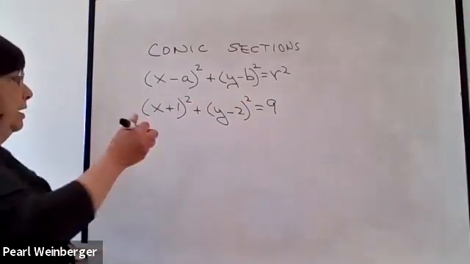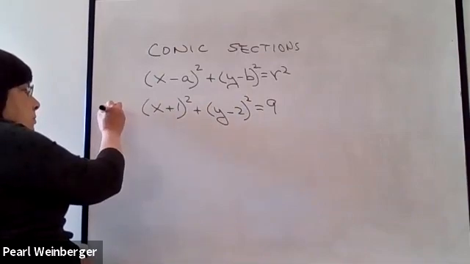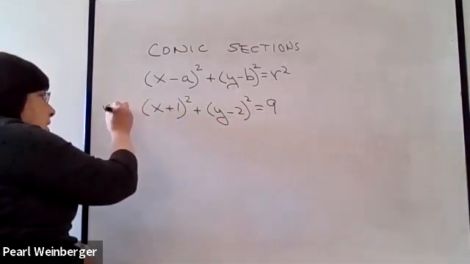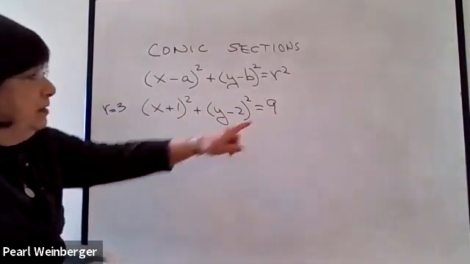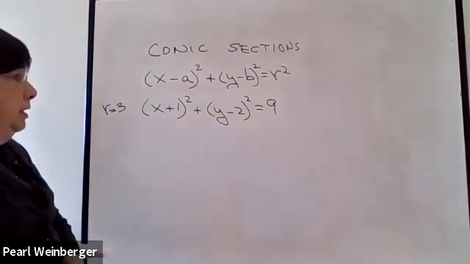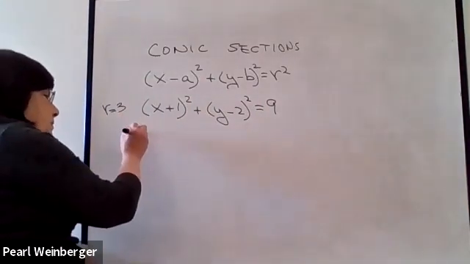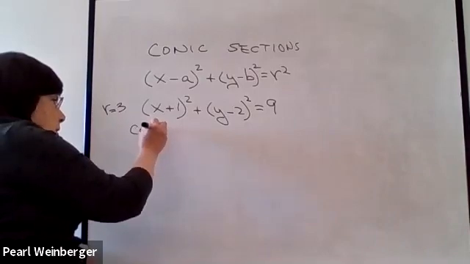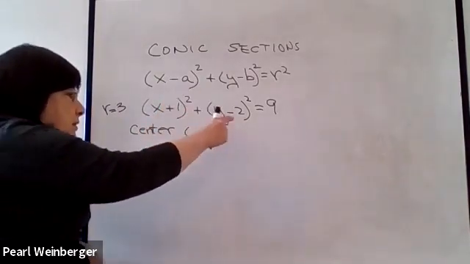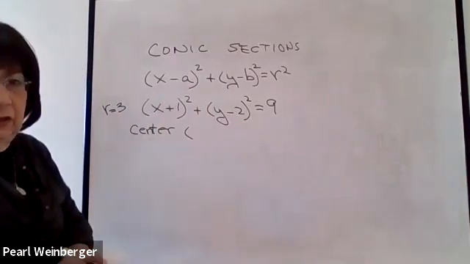And on top of that, I know that the radius of the circle has to be 3, because this number over here is 9. I take the square root. That is, my r squared is 9. My radius is 3. But what is my center? The center I get by looking at the numbers inside the parentheses.